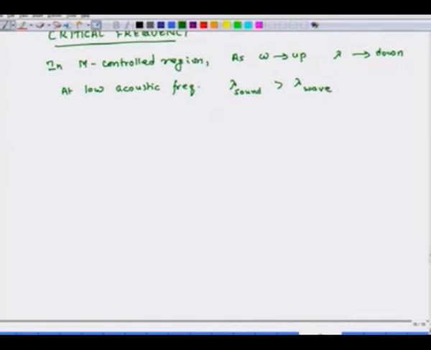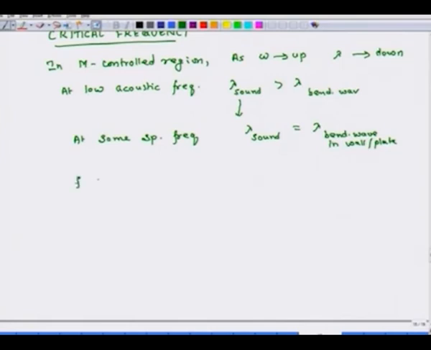But as I keep on increasing my frequency, this starts coming down, and at some specific frequency, lambda of sound equals lambda of the bending wave. So these two start equaling, and when that happens, that particular frequency is called the coincidence or critical frequency.